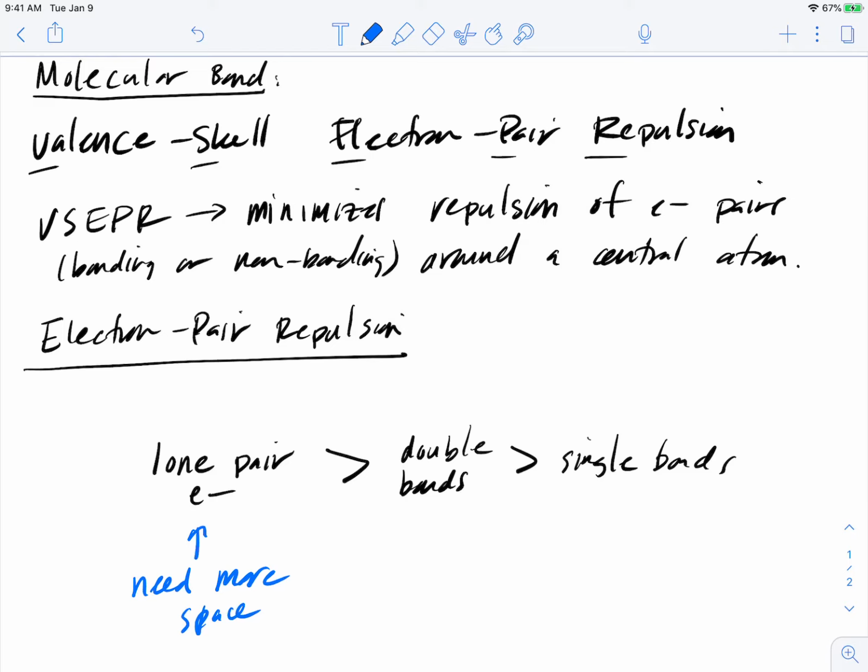So the single bonds tend to fit our model predictions very well, but we find that when we have lone pairs in our structures, we see deviations from that. We're going to first look at some structures without lone pairs, and then we're going to see with lone pairs.